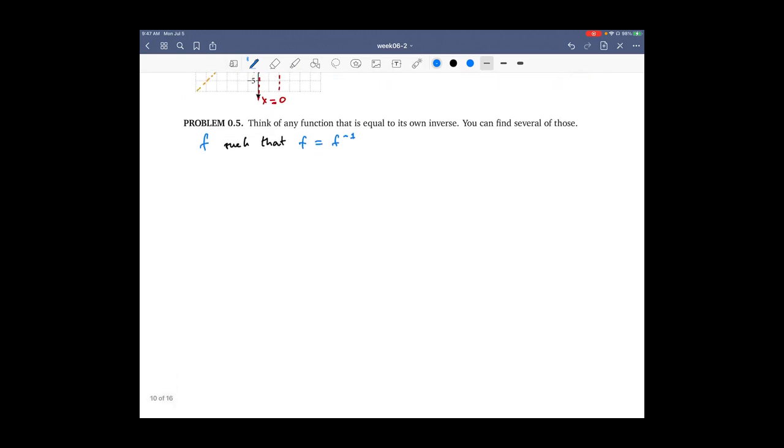Well, if you think about it, one such function is 1 over x, defined, of course, on all non-zero real numbers. f inverse is actually itself, because if you compute f of f of x, you actually get x for every x in the domain.